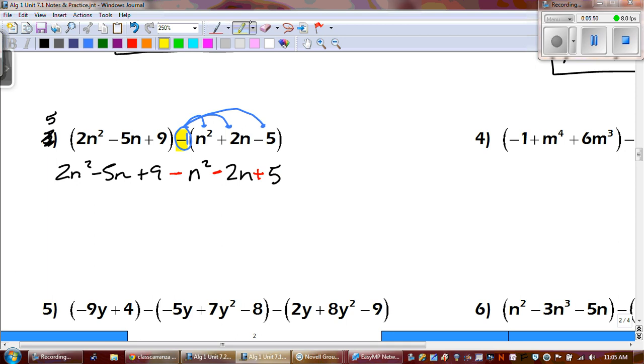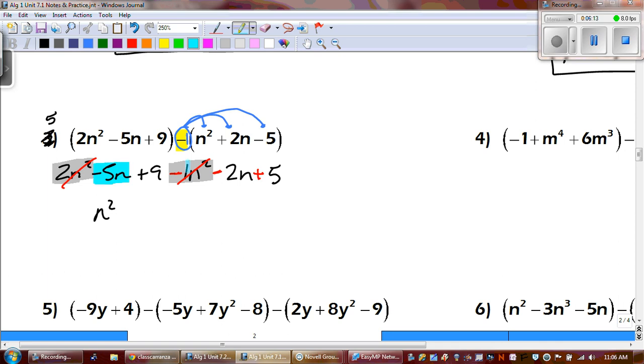Now, once again, let's start combining our like terms. We have 2n squared minus n squared. Remember that's a 1. 2 minus 1 is n squared or 1n squared, however you want to write it.